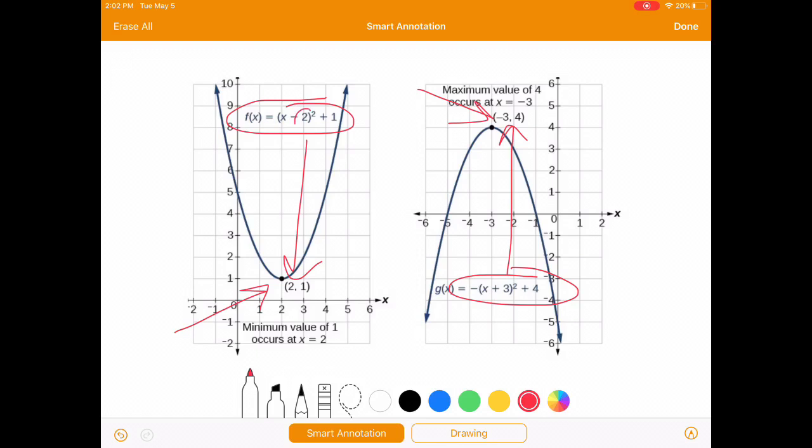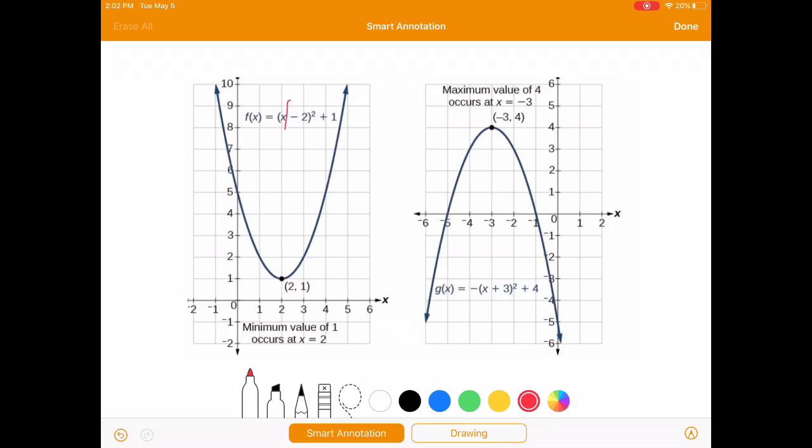You see a 2 right here, and you see a 2 as the x-coordinate. You see a 1, and that turns out to be the y-coordinate. You see the 3 here, that's the x-coordinate, and you see the 4 as the y-coordinate. The only difference is the x is the opposite. So I see a -2 here, and that turns into a +2.